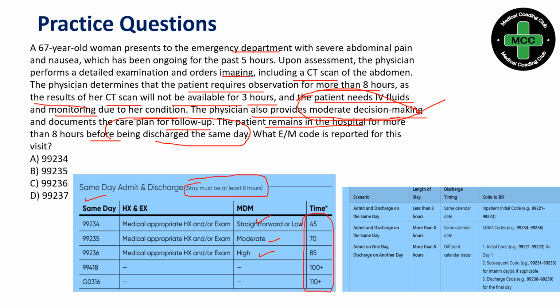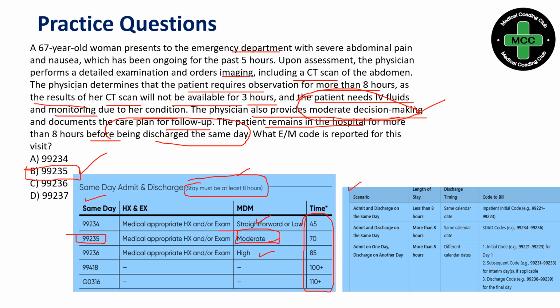We have met more than 8 hours and MDM is moderate, so we get 99235 as our answer. 99235 will be the correct answer for this practice question.